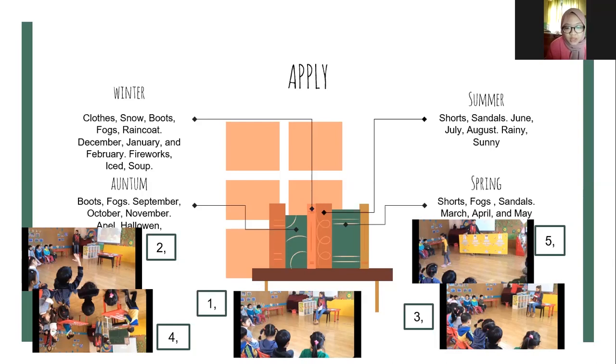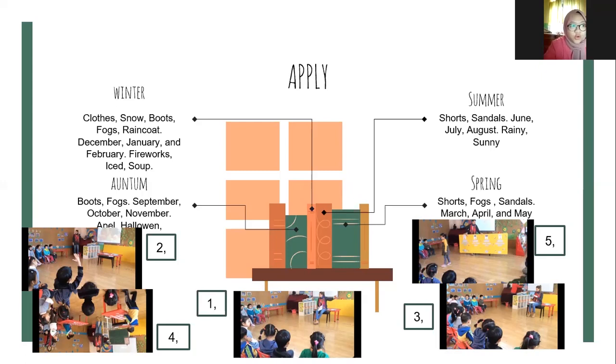For example, there is snow in winter, summer is sunny, autumn is Halloween, and spring is short.